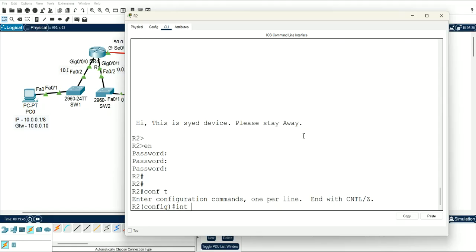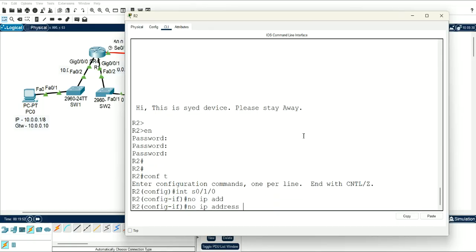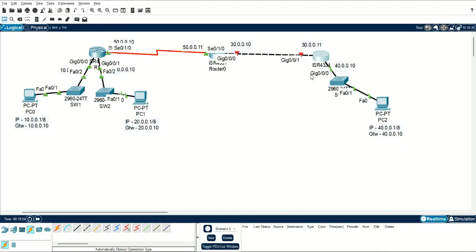Earlier on serial interface 0/1/0, you gave IP address. No, I am removing that because now we don't have serial interface.